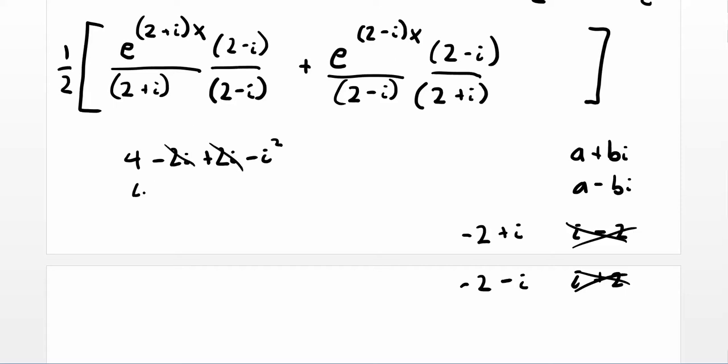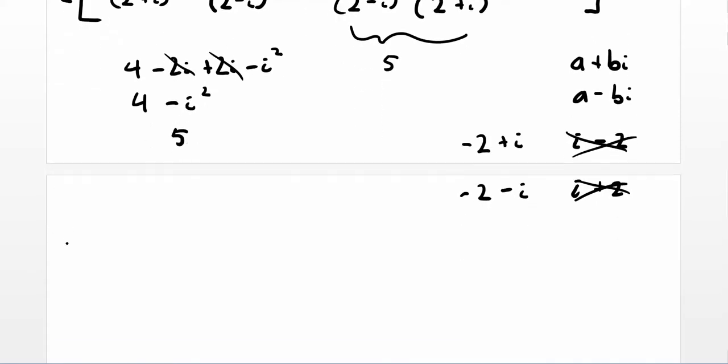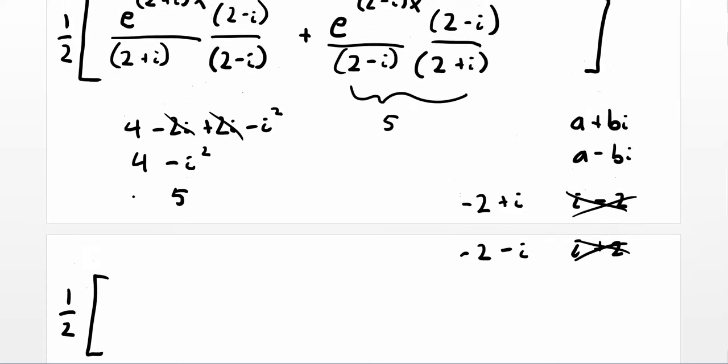Obviously these cancel and you get 4 minus i squared. i squared is negative 1, so this is 4 minus negative 1, which is 5. If you see what's happening here, this is the same exact problem on this side. So this also becomes 5. Okay, so we're going to rewrite that. Again, you don't have to write out every single step that I'm doing. I'm just doing it to be safe.